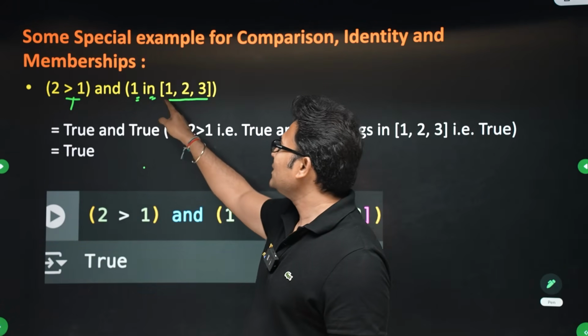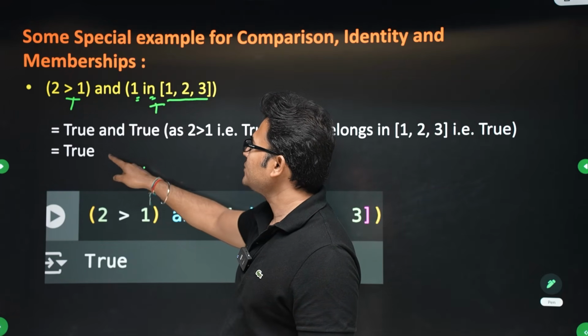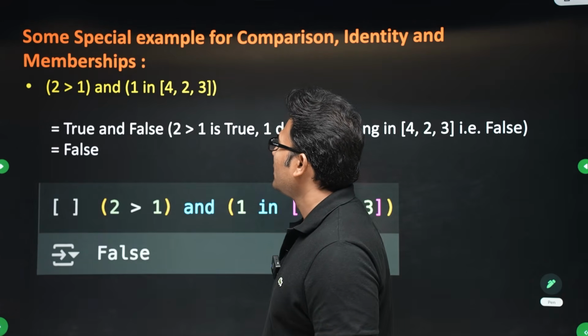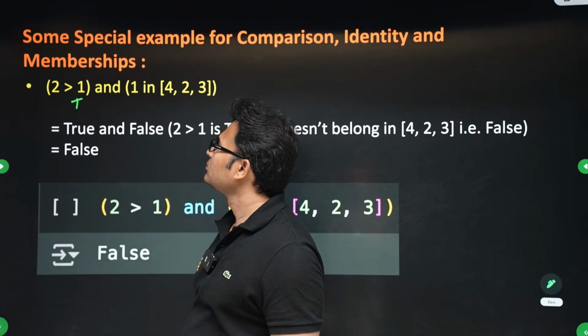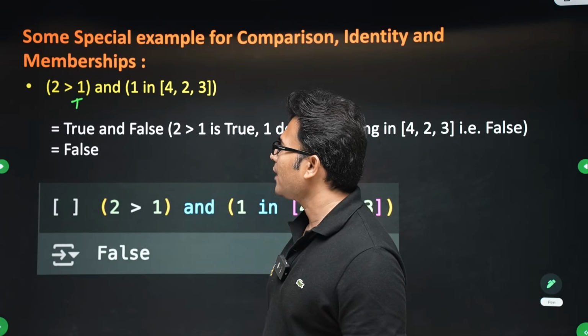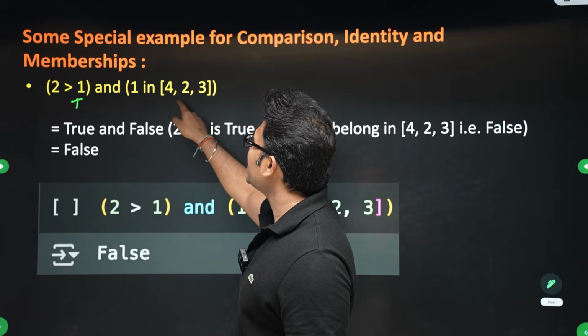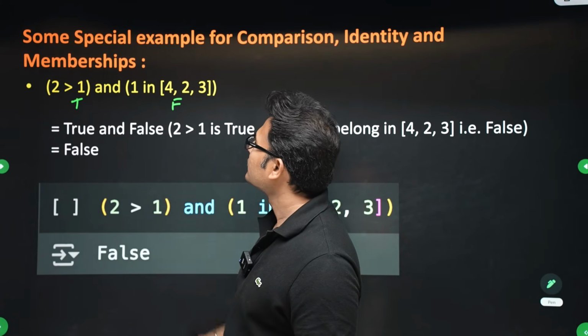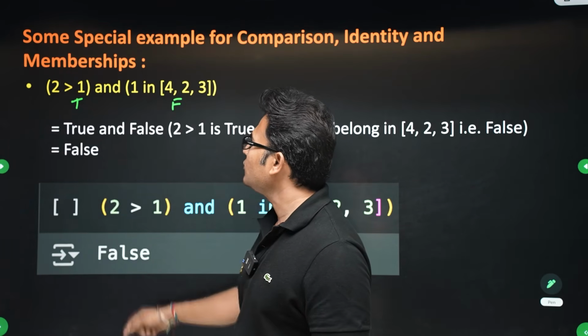So 1 in 1, 2, 3 means yes, 1 is there, which means true and true. Now 2 is greater than 1 is true, and 1 in 4, 2, 3 is false. Now if I take true and false, it is coming to be false.